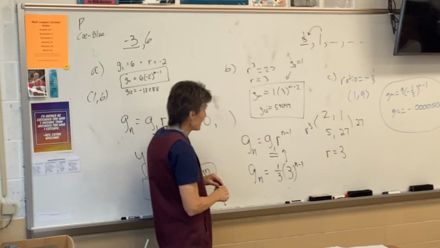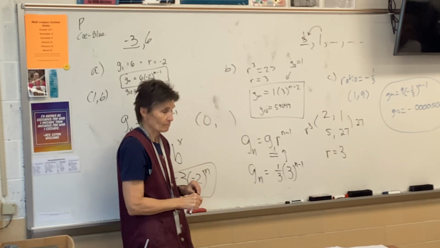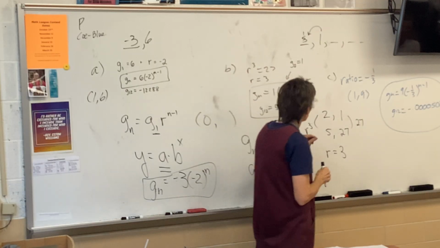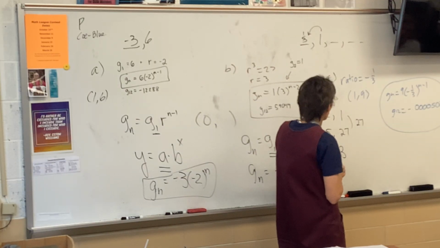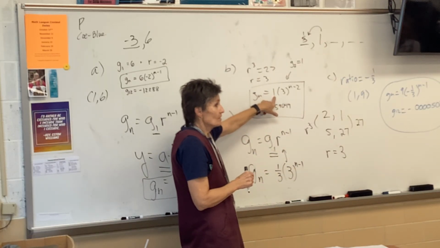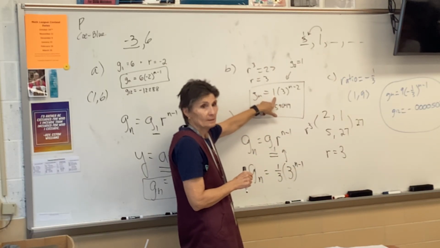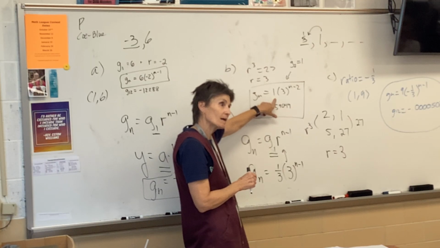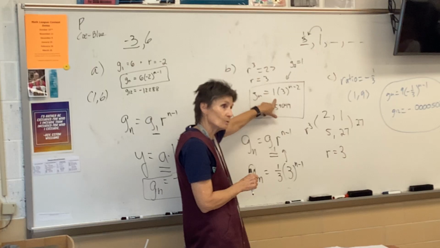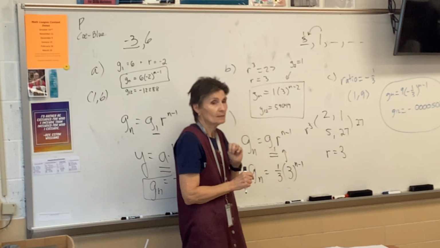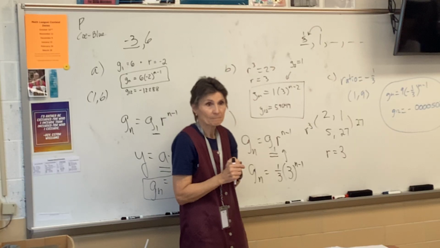Now, he said, I don't want to do that. I want to use my first term. So that means instead of backing up my exponent 1, I have to back up my exponent 2. Because I'm technically using my second term to get the ball rolling.